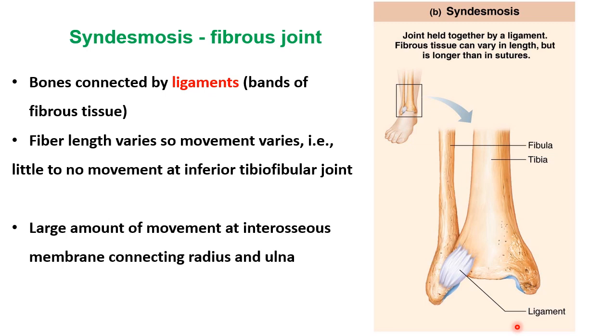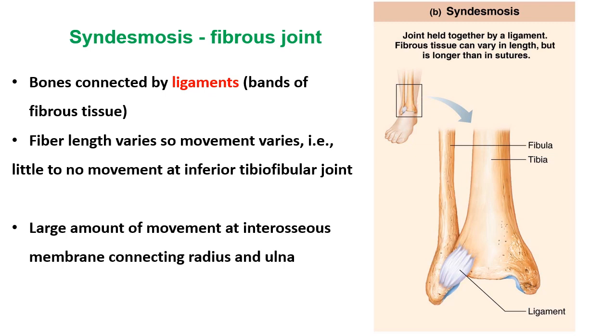Tendons. Okay, so these are ligaments, connecting bone to bone. Here you have the example of the tibiofibular ligament, and that is mainly for stability. You don't have a lot of movement between these two bones.